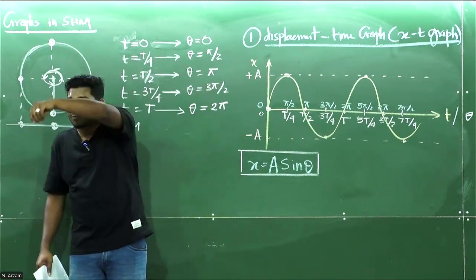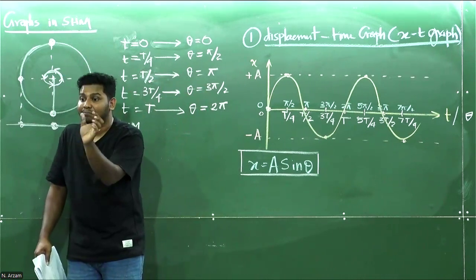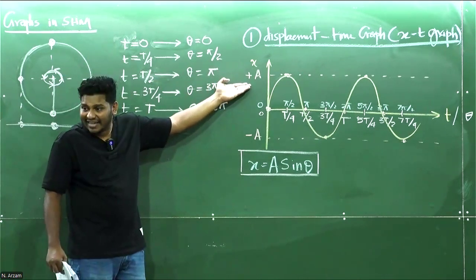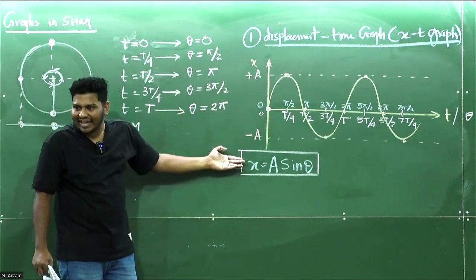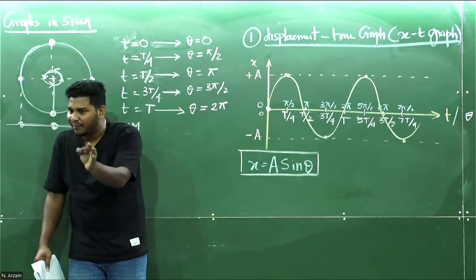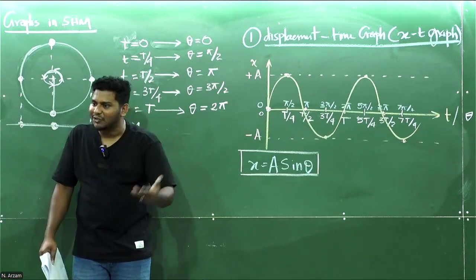What about the amplitude point, the highest displacement point? The displacement is maximum. What is the maximum value of the displacement? Plus A or minus A. If you take only the magnitudes of this displacement, it is A. Magnitude means there's no direction, plus or minus.